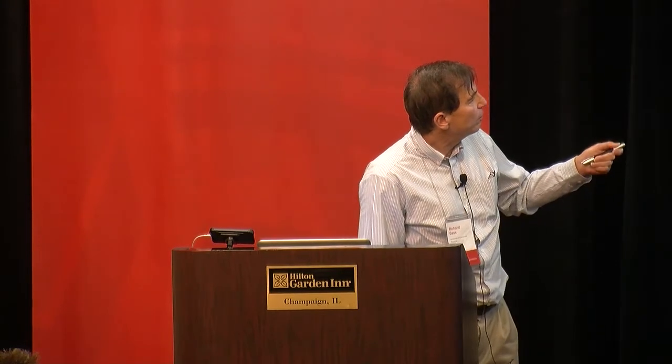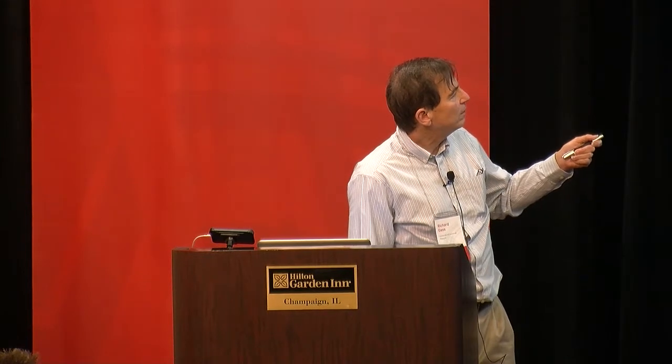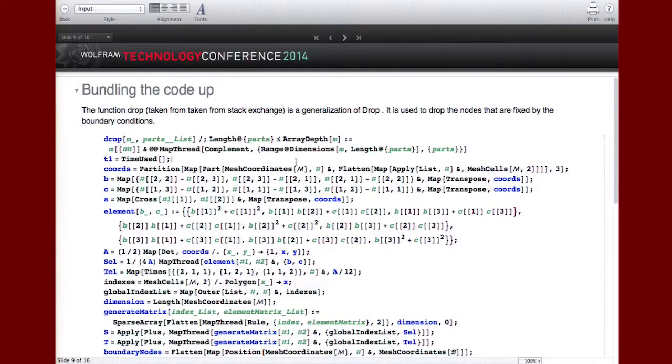Now we just bundle up the code, and the code looks kind of bad and long, but this is essentially the standard finite element stuff. The function here called coordinates simply fishes out the 3 by 3 coordinates of each little triangle, by looking at the mesh cells and then picking out the mesh coordinates of those cells and bundling them up.